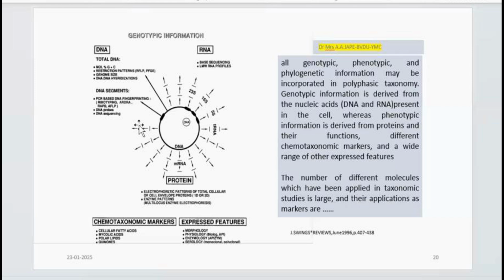The percent DNA hybridization and the decrease in the thermal stability of the hybrid. These two things are utilized to delineate a species, that is, to identify the species. The percent DNA binding, or DNA hybridization value, can also be called relative binding ratio. All these mean the same: relative binding ratio, DNA hybridization value, percent hybridization.